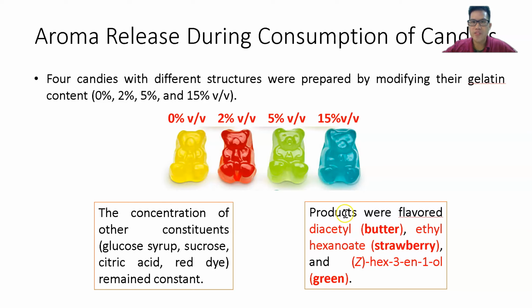I need to reiterate that other than the percentage of gelatin concentration being different, all the others are constant. The concentration of the syrup and the sucrose are all the same, and the flavor component is also the same in all the examples over here.